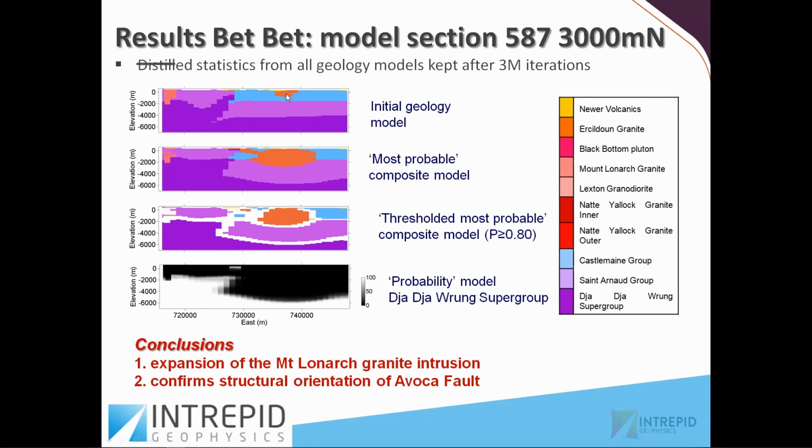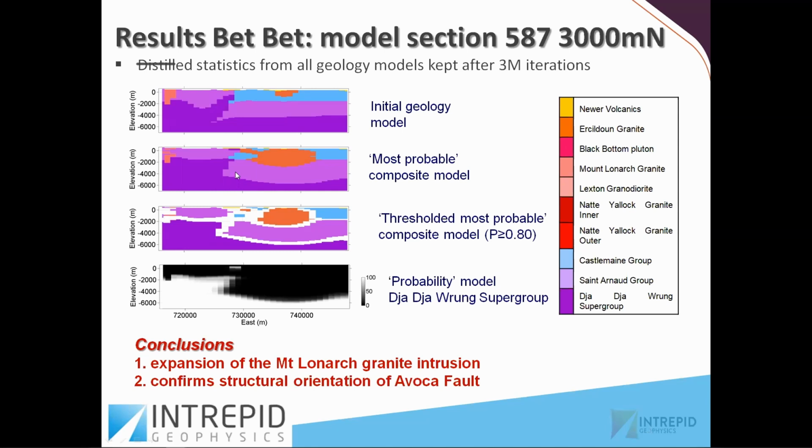The intrusion, the Mount Lorach granite, has expanded into the core, and the initial model is slightly smaller in the starting model. But this is much improved, and we can see the geometry has been modified.